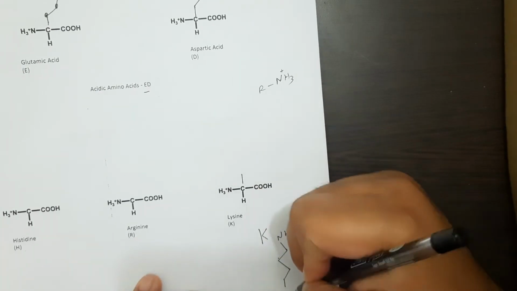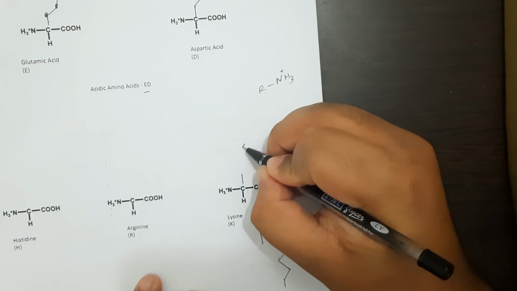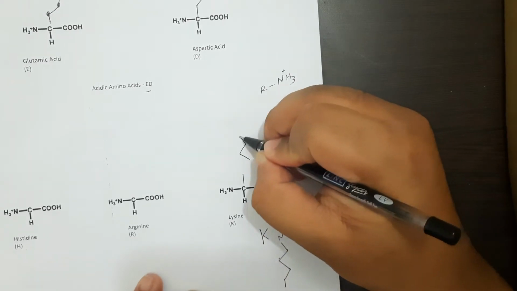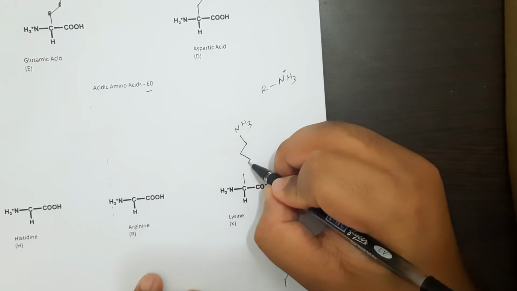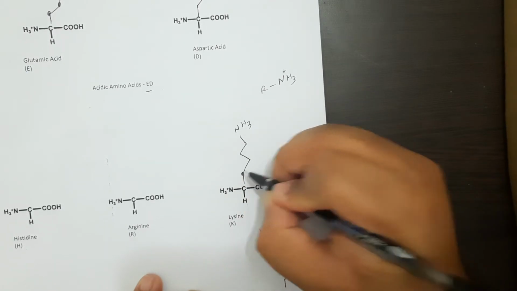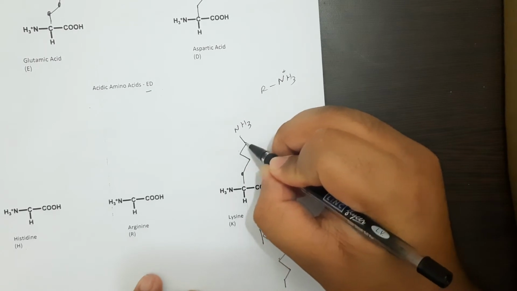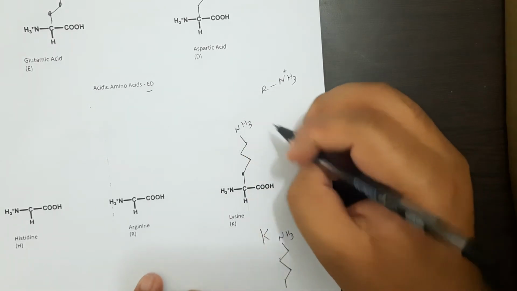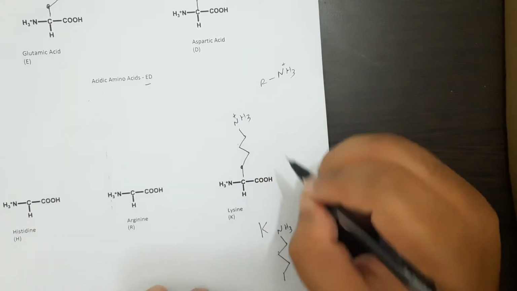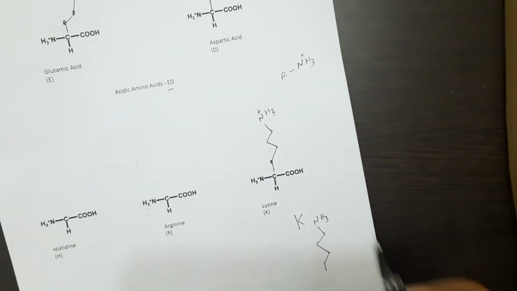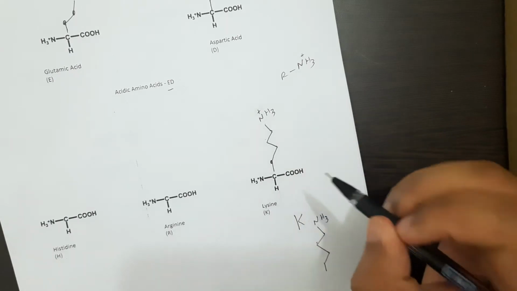So you have your beta carbon, you draw your K structure here. In one end you draw your NH3, the amino group, the amine group, and over here you attach it to the carbon atom. So you have your beta carbon, 1, 2, 3, and you have your amino group. And it's as simple as that. This will have a slightly positive charge because four groups are attached to nitrogen. So this is your simple structure of lysine.